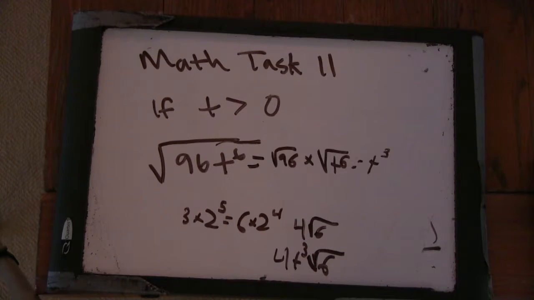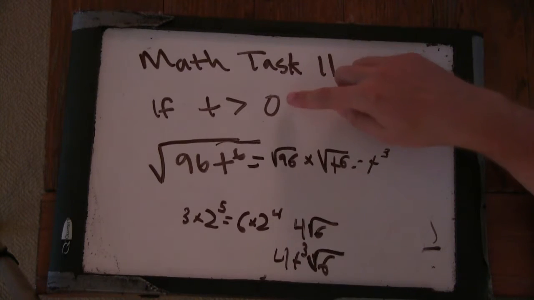If t is less than 0, the only t in the answer is t cubed, so 4 times a negative number would still be negative. So that would be negative 4t cubed times the square root of 6.